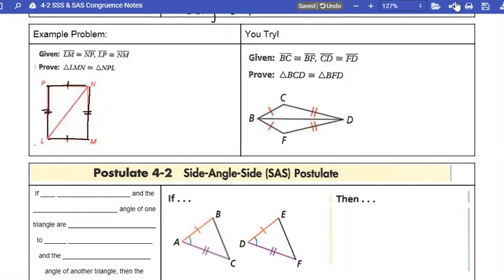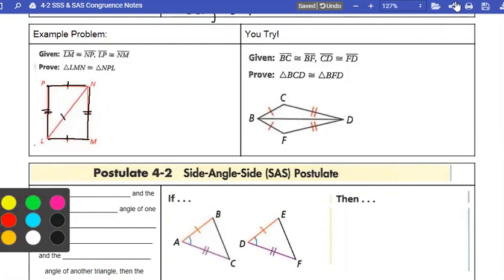So this side is congruent to itself because they are the exact same thing. Now if you look at your triangles, you have all three sides of these triangles that are congruent. So are my triangles congruent? Yes, they are. Triangle LMN is congruent to triangle NPL.